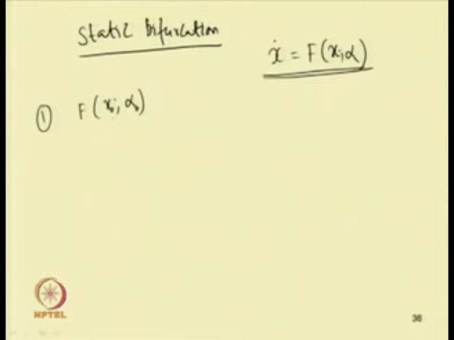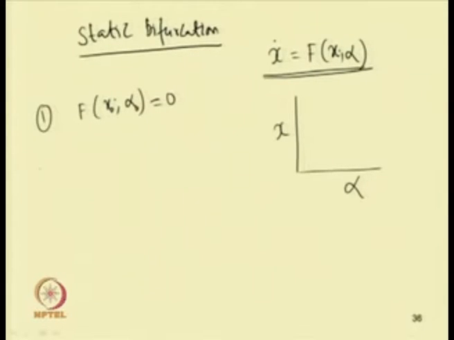That means substituting x dot equal to 0, where x0 is the equilibrium solution. So, in this x-alpha control space, corresponding to this alpha 0, if x0 is the bifurcation point, then f(x0, alpha0) should be equal to 0.